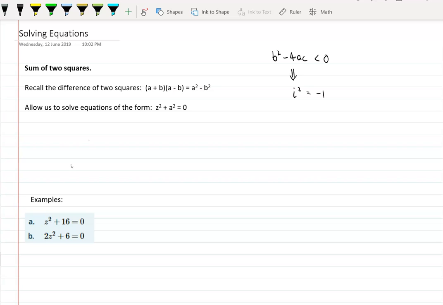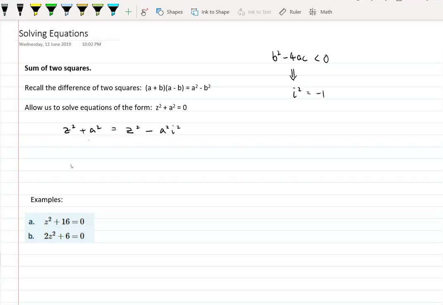So we can use that expansion or factorising process to solve equations where we've got a sum rather than a difference. If we look at z squared plus a squared, we can factorise that now. We can change it first of all into a subtraction: z squared minus, and we can incorporate an i, because we know that i squared is equal to -1.